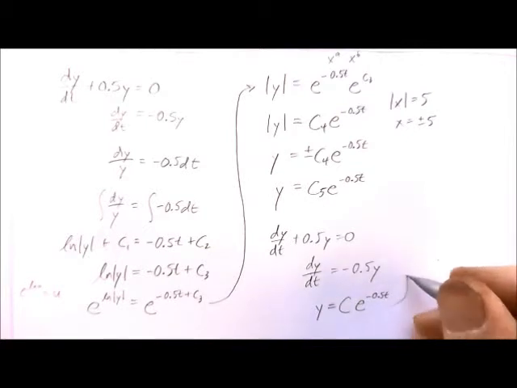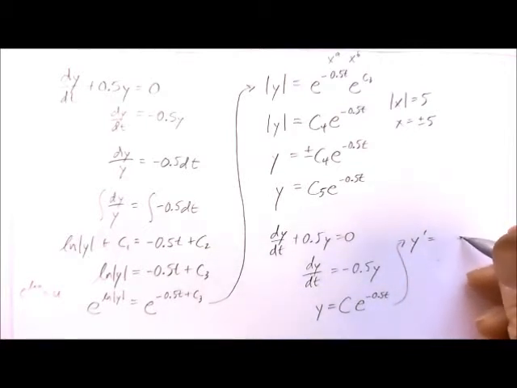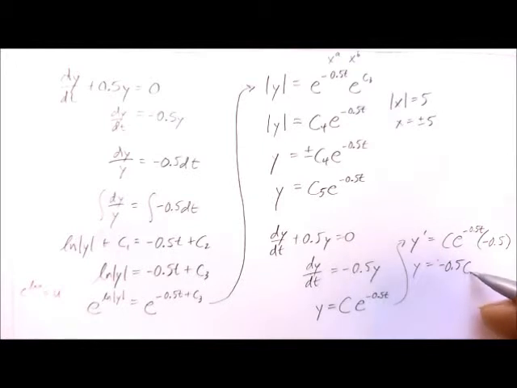Because when we then go ahead and do the derivative, y prime would equal e to the minus 0.5t. We still have our c out in front, but we need to multiply by the derivative of the exponent by the chain rule, which is negative 0.5. So what we end up with is that y prime is negative 0.5 c e to the minus 0.5t. You can see this is our original y over here.